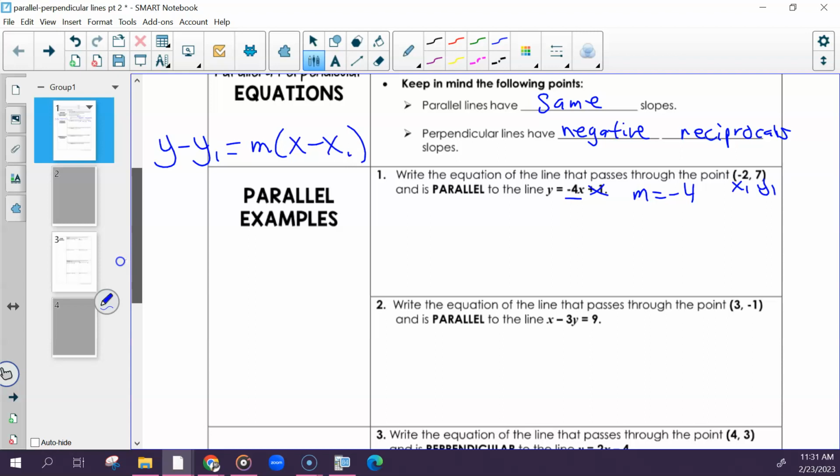So then we're going to put this slope and this point into this and solve. So y minus 7 equals -4 times x minus negative 2. Or if you want to go ahead and make that a plus, you can do that. Remember that the only time that becomes a plus is if you have a minus minus. What's our next step?